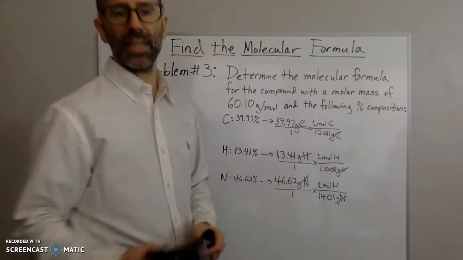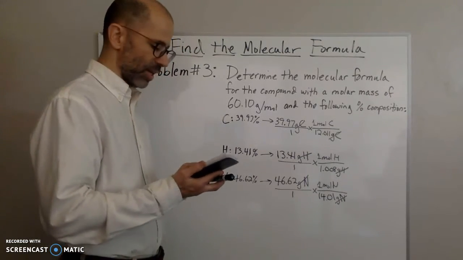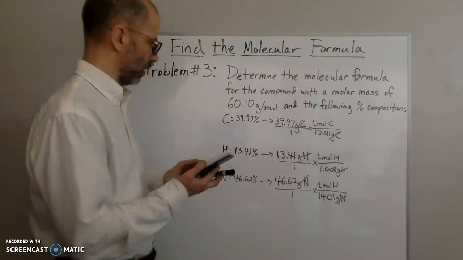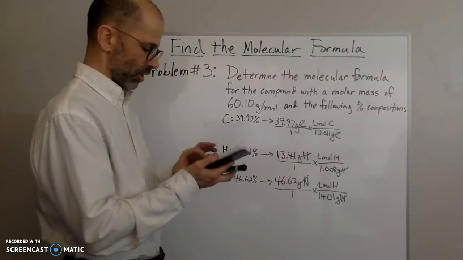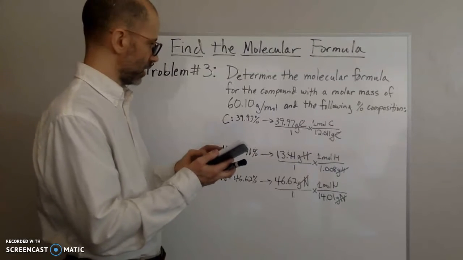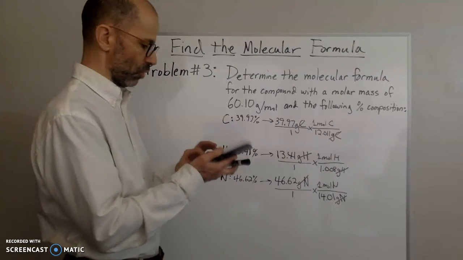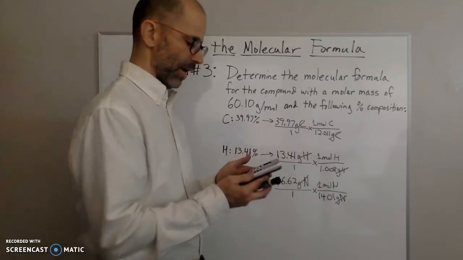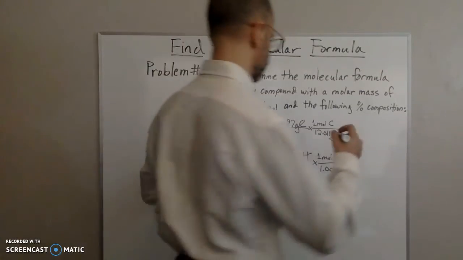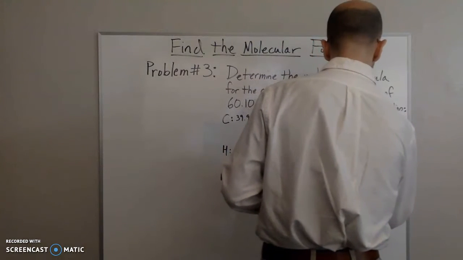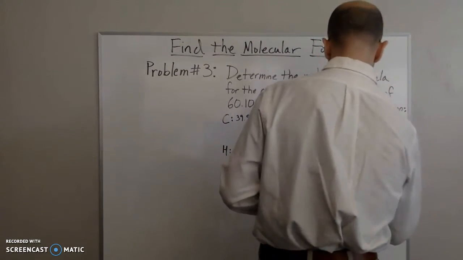Then the next thing I'm going to do is calculate the mole amounts. I have 39.97 divided by 12.011 equals 3.327, so that's 3.327 moles of carbon.